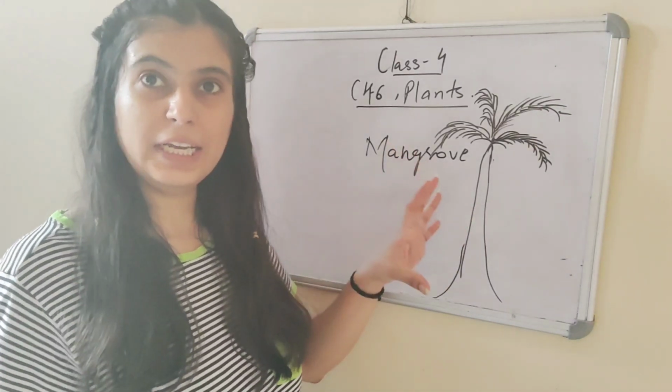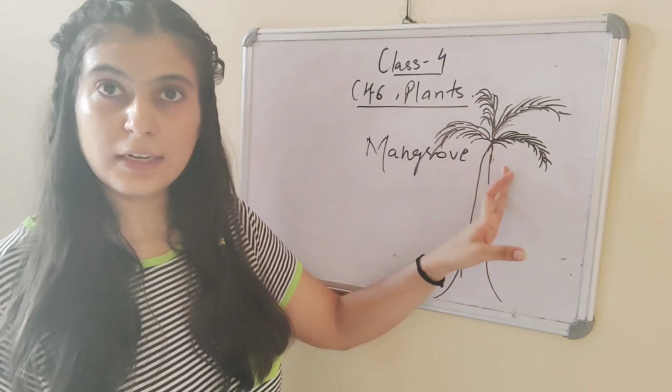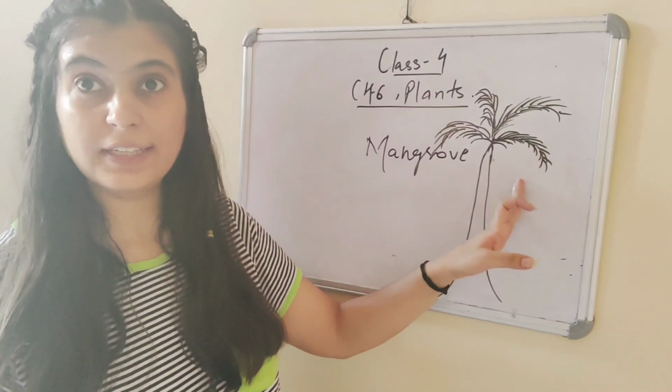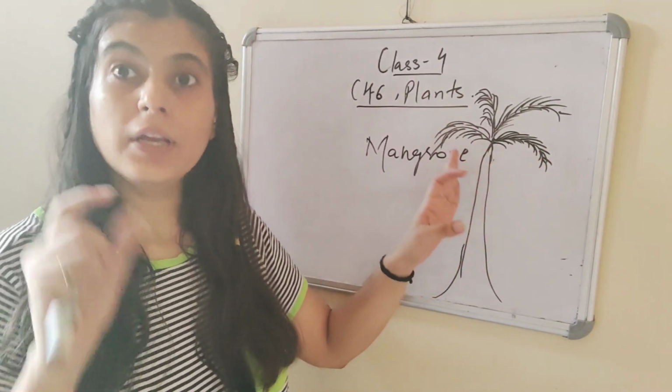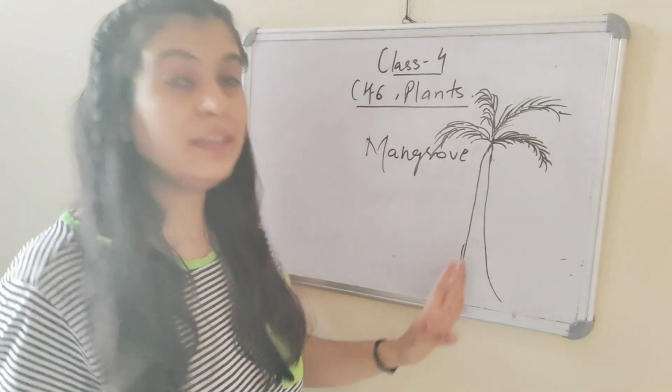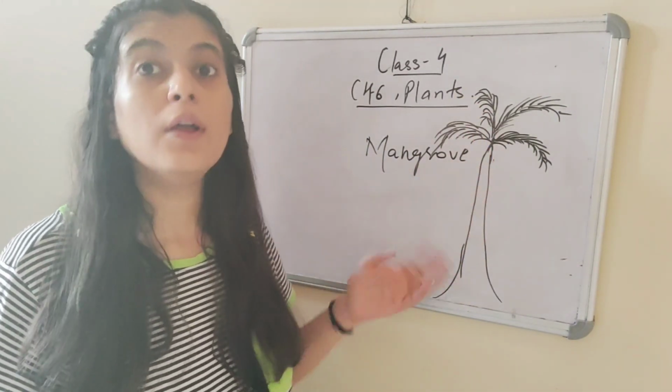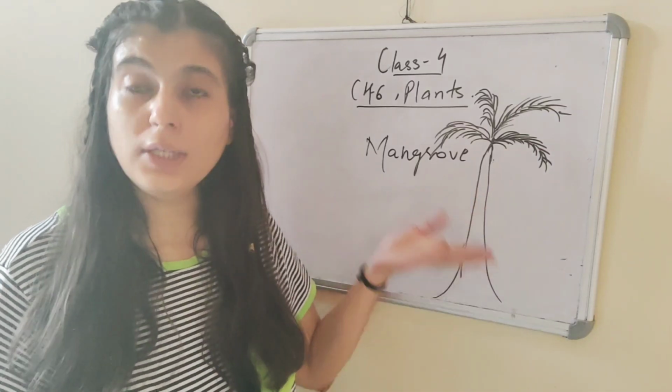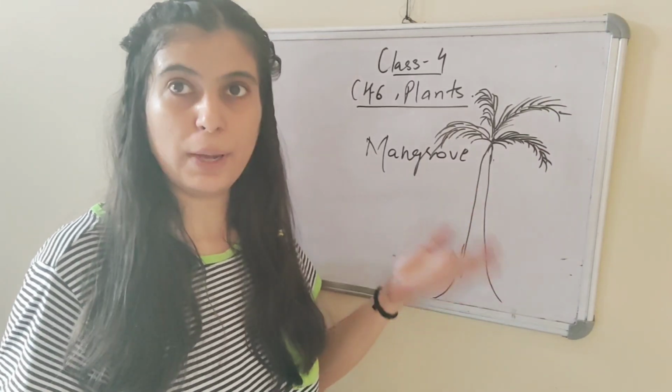The coconut tree is like this. The crown area, that is the leaf area, has feather-like leaves which allow the winds to pass through them, and they are very tall, growing in the hot, wet and windy environment.